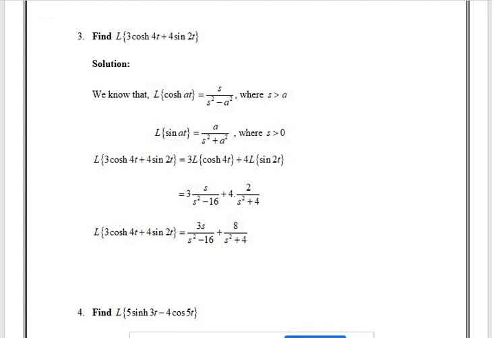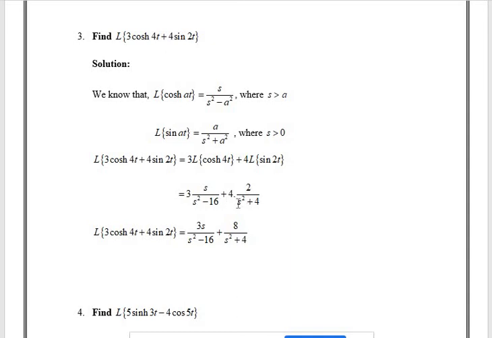By using these two formulae, let us expand L of 3 cos hyperbolic 4t plus 4 sin 2t. 3 into Laplace transformation of cos hyperbolic 4t plus 4 into Laplace transformation of sin 2t. 3 s by s square minus 4 square, that is nothing but s by s square minus 16, plus 4 into 2 by s square plus 2 square, that is 2 by s square plus 4.